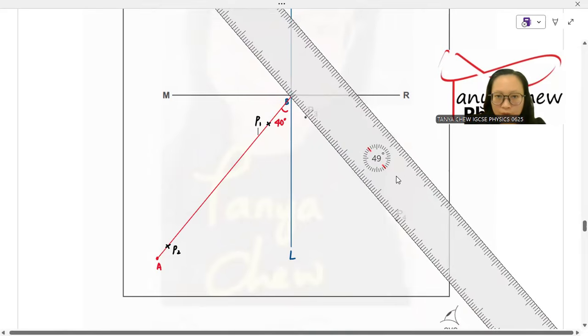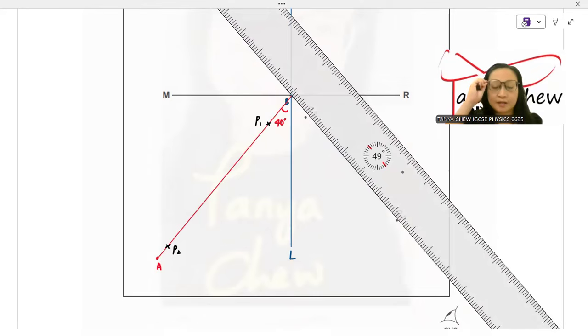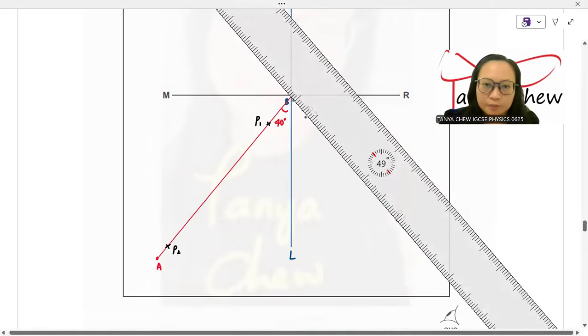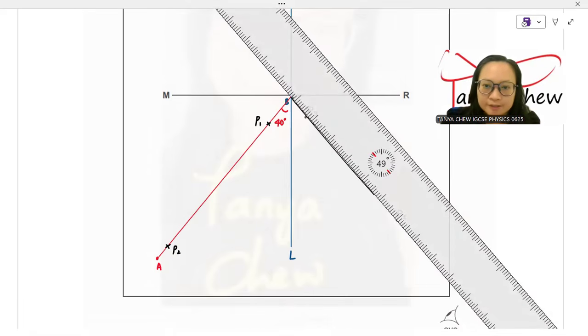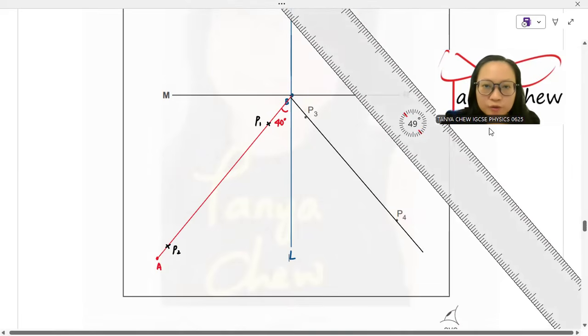I think I could not meet MR here, maybe because the normal that I drew wasn't exactly at the center. So if you draw on a piece of paper, this P3 and P4 would be able to meet at the center, if you draw it correctly. So I'm roughly going to draw it out like this, until it meets MR. So it has to meet at the center.